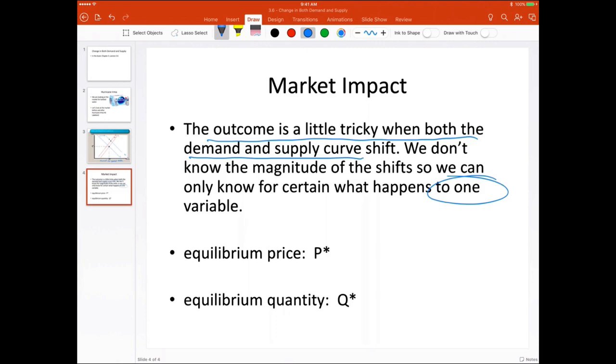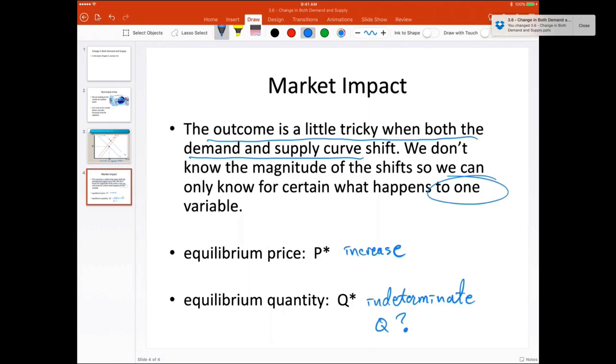In this case, we know that equilibrium price will increase, but we don't know what will happen with equilibrium quantity. We would say it's indeterminate, meaning we cannot determine it. Or you could also just say Q question mark. That is a perfectly acceptable answer on an exam, basically saying you don't know what happens to the quantity.